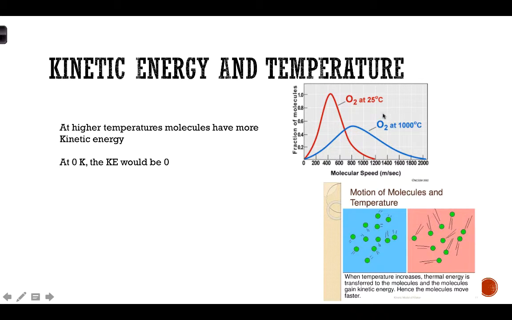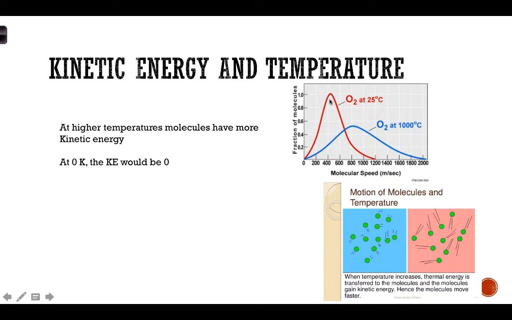And if I look at O2 at 25 degrees Celsius and I compare it to 1,000 degrees Celsius, the average speed is about 800 meters per second, and at 25 it's about 400. So anytime that we increase our temperature, we're going to increase our kinetic energy and we will increase the speed.